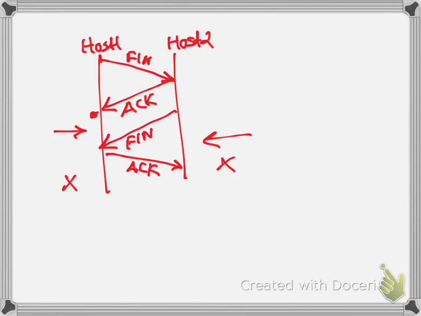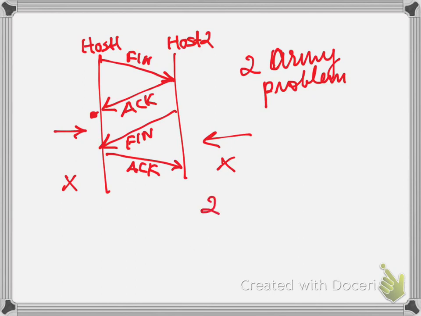And now in connection release, we had the problem called the two army problem. Here you may think that one will disconnect, the other will not disconnect. This can be avoided by, after receiving the acknowledgement, waiting for 2 maximum packet lifetimes.